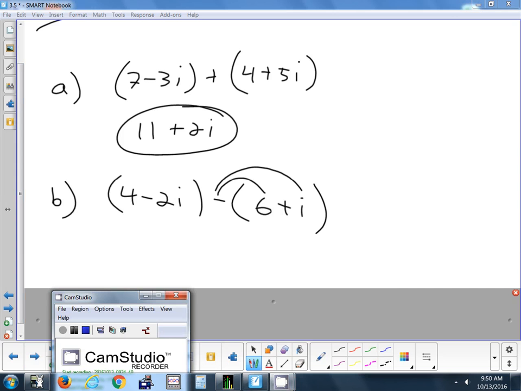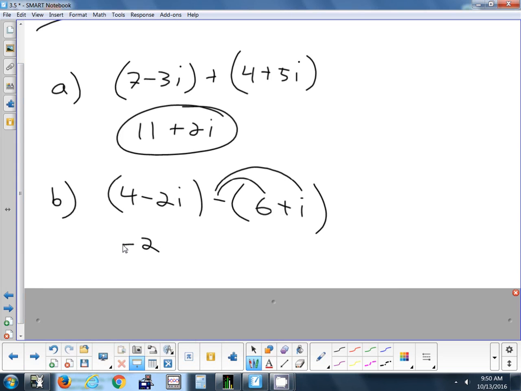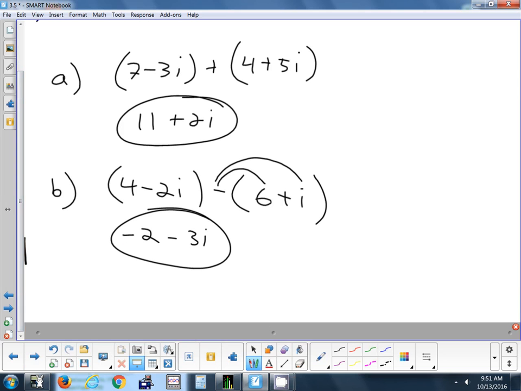So, 4 minus 6, which is -2, and then -2i minus I. Some people forget that you're also subtracting the I. They subtract the 6, but not the I, so it's both. And what did you get, -3i? Perfect. Okay, so that's adding and subtracting. Similar? Any questions on that?